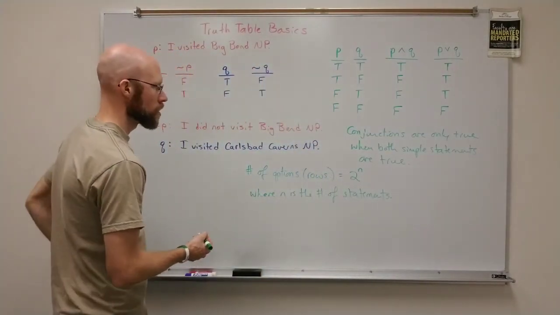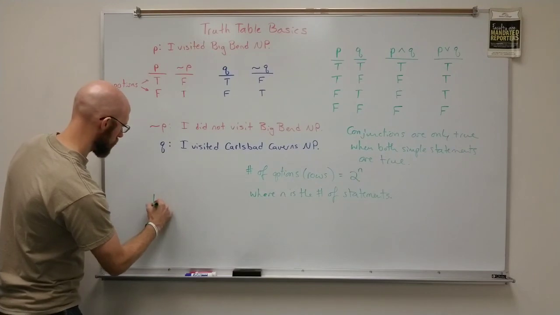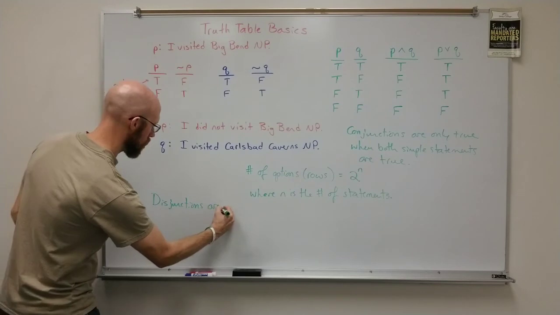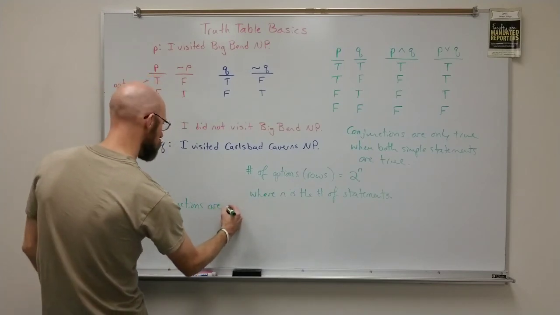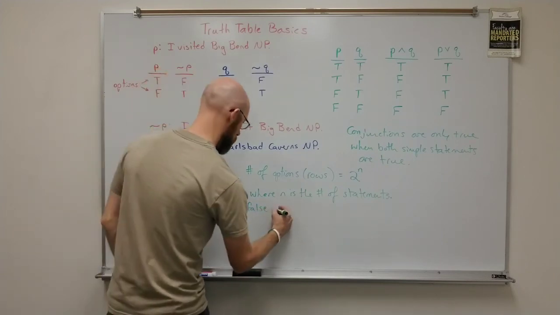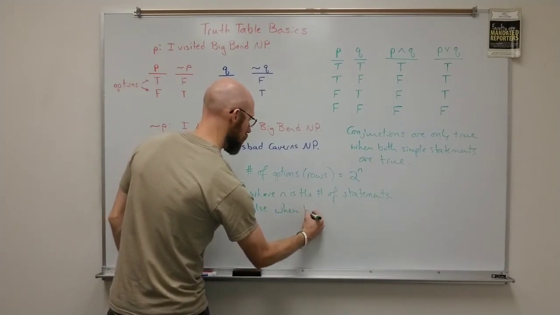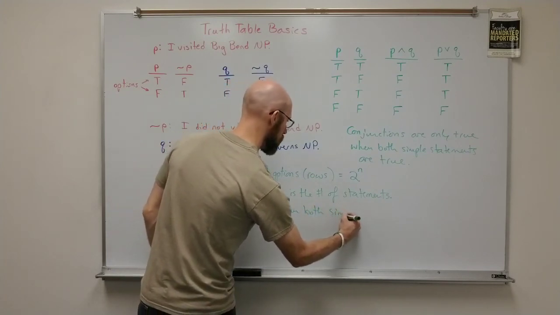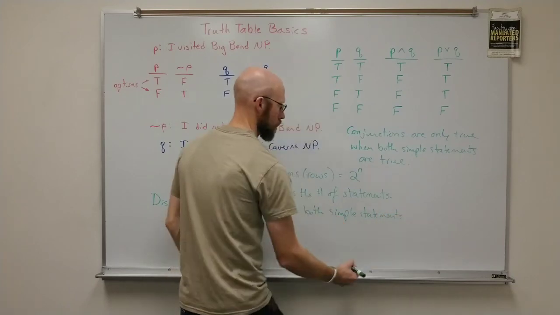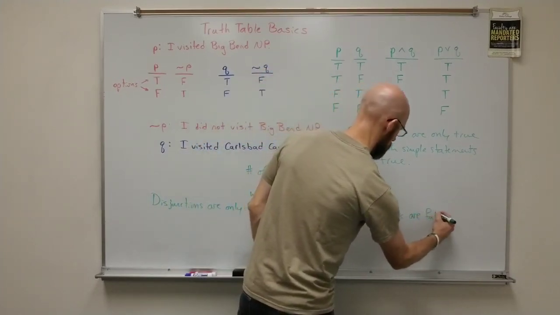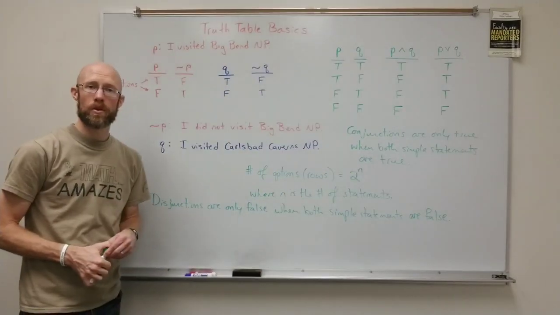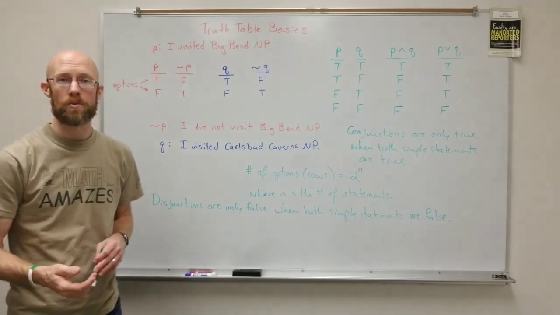And so as another way to describe disjunctions, I could say disjunctions are only false when both simple statements are false. Okay, so conjunctions are only true when both are true. Disjunctions are only false when both are false.